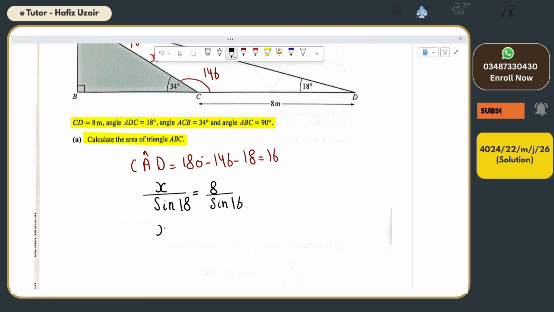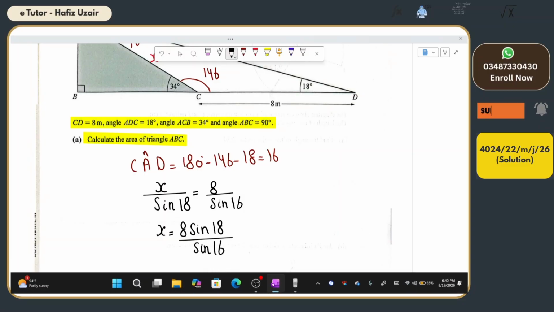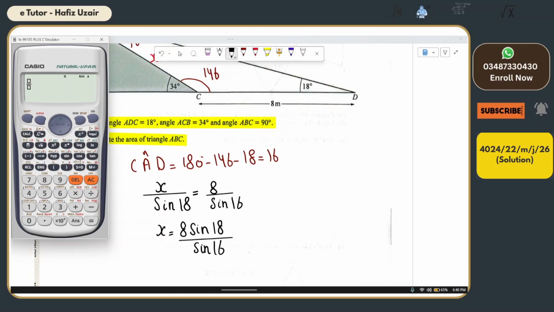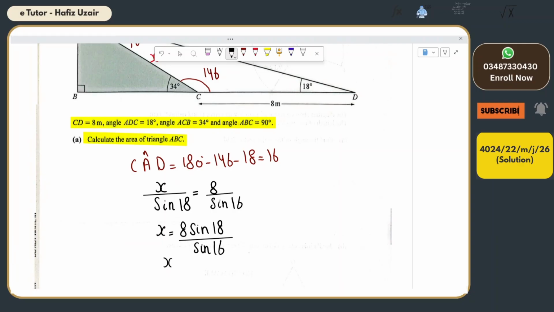So x equals 8 sine 18 over sine 16, and this is 8.96. If we round it off to 3 significant figures, this becomes 8.97. So x will be equal to 8.97.